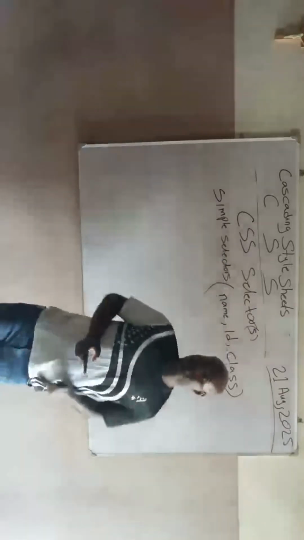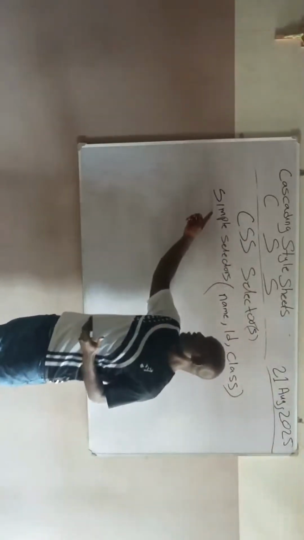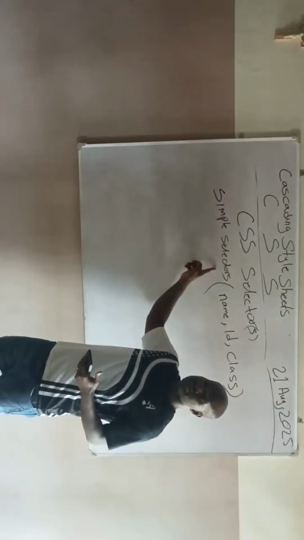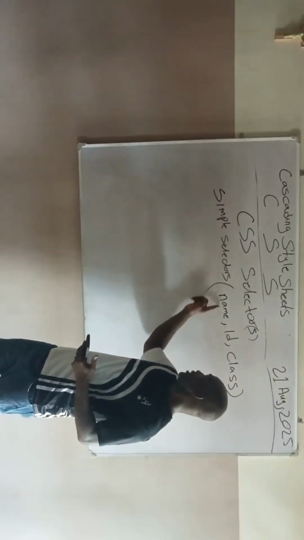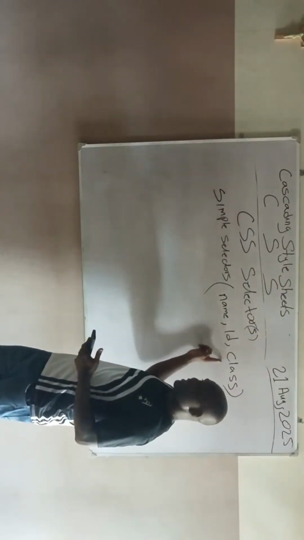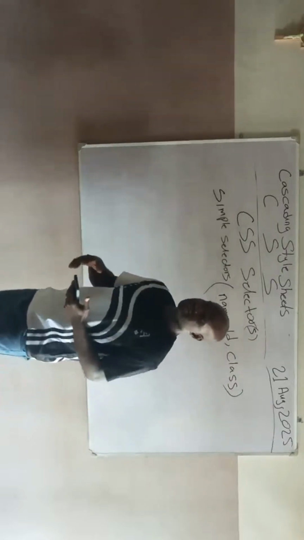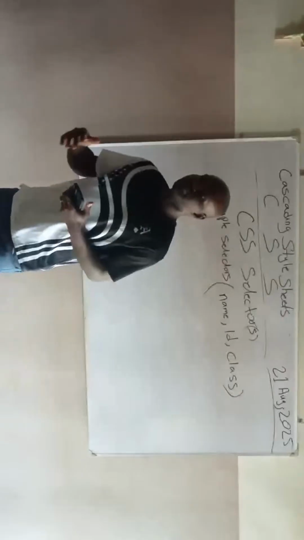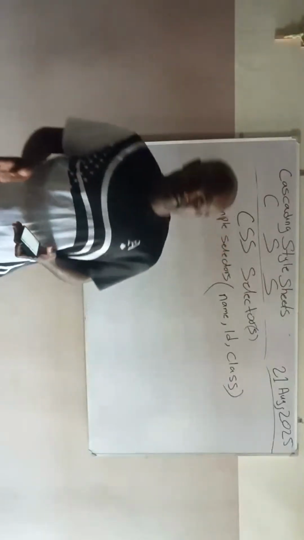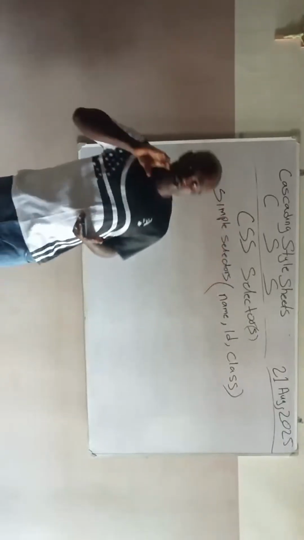Now, since simple selectors select elements based on name, ID, class, combinators are going to select based on relationship between what? Elements. Based on specific relationship.